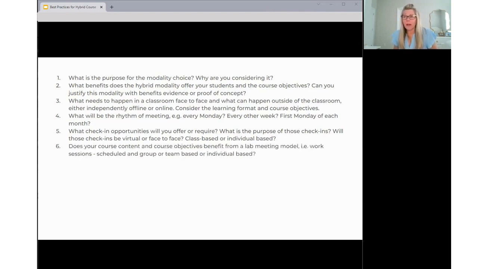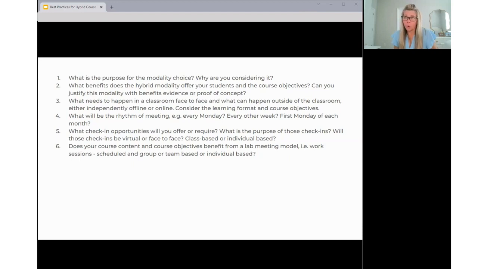Does your course content and course objectives benefit from a lab meeting model? You'll find this a little bit in the writing on what hybrid models can do, but think about work sessions. I'm picturing maybe upper level students who are working on some research projects.